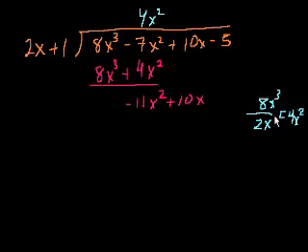Actually, let me erase this over here, because I think we might find that real estate useful. All right, I'm back. It doesn't hurt to bring down the whole thing, just so that you understand what we're doing.